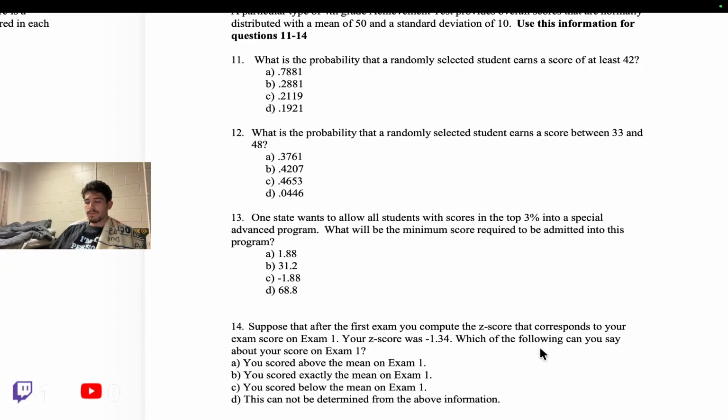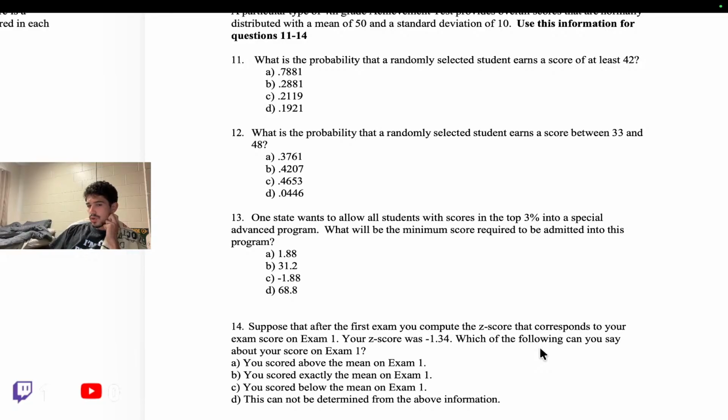We know the mean is 50. And the mean has a z-score of 0 because that's where it starts.